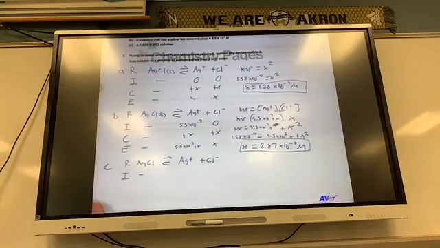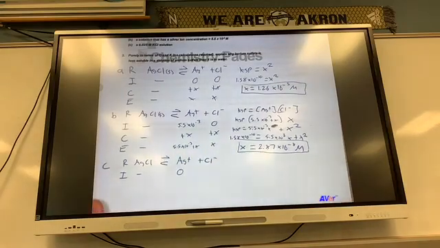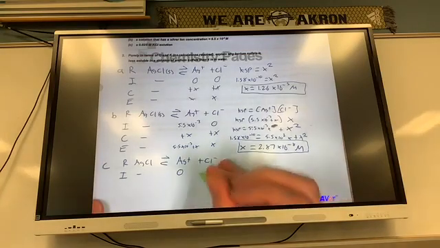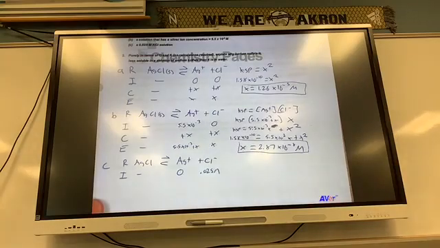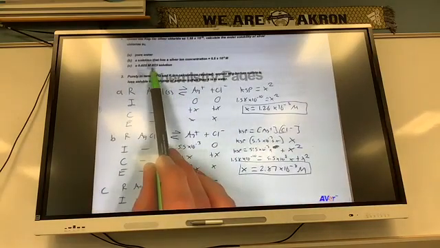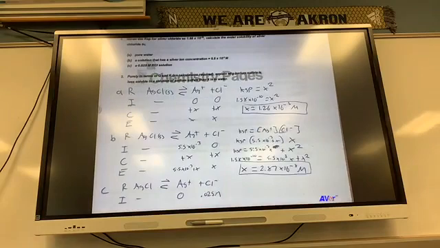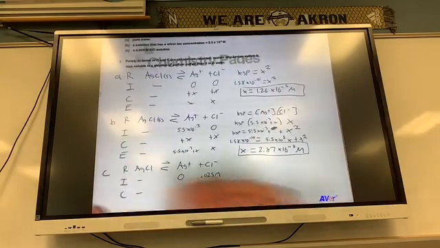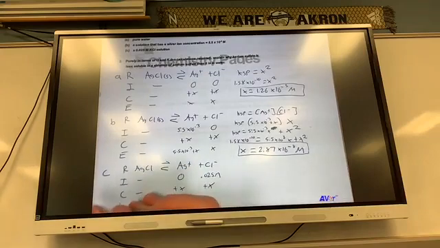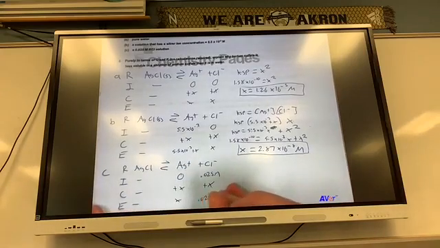On letter C? No. Do I have any chlorine to start? Yes. How much? 0.025 molar, coming from this solution, the common ion. C, not part of it, plus x; E, x and 0.025 plus x.